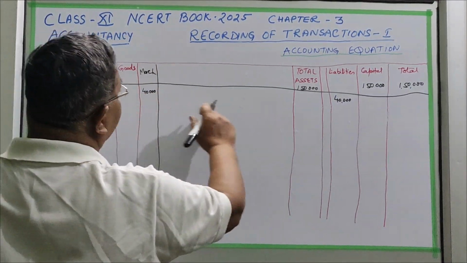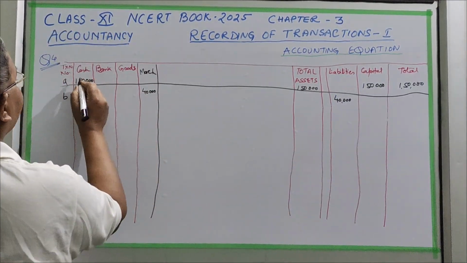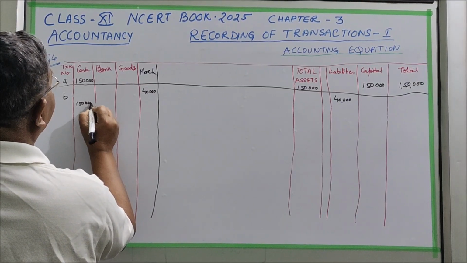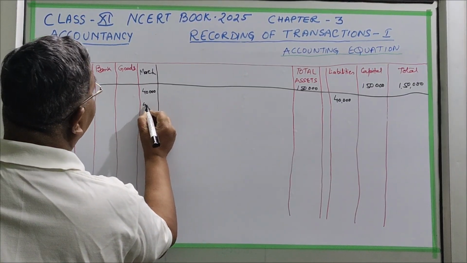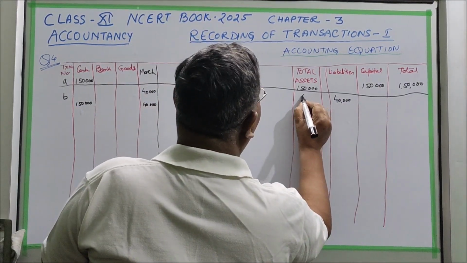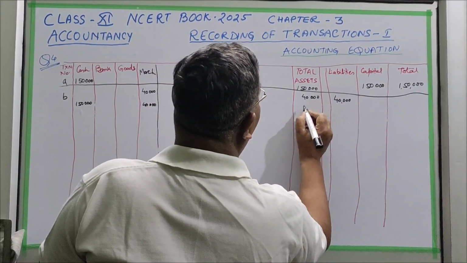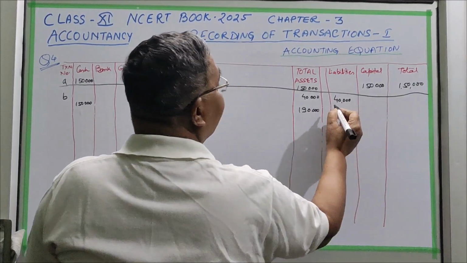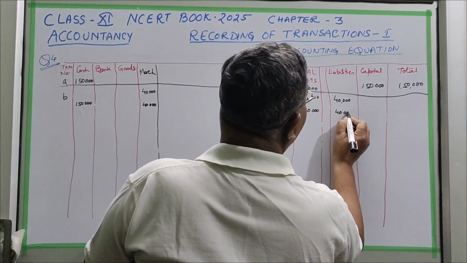After that, again you have to write the whole equation. 1,50,000 will remain here, and 40,000 will come here. Asset is increased, so it will become 1,90,000. And here liability 40,000 will come.